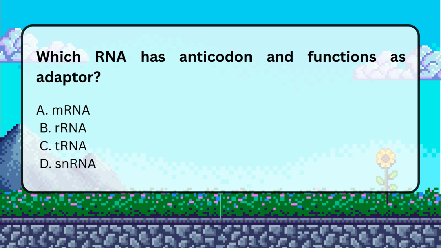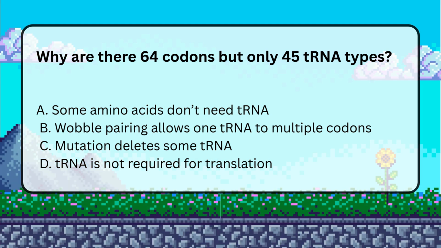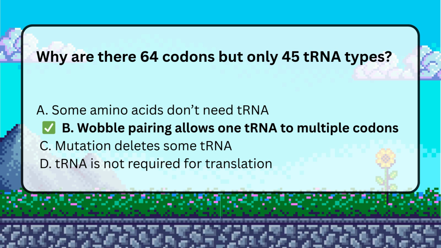So quickly you can answer it as tRNA, because tRNA transfers amino acids. Now the next MCQ question is: why are there 64 codons but only 45 tRNA types? So quickly you can answer: due to the Wobble hypothesis, Wobble pairing.